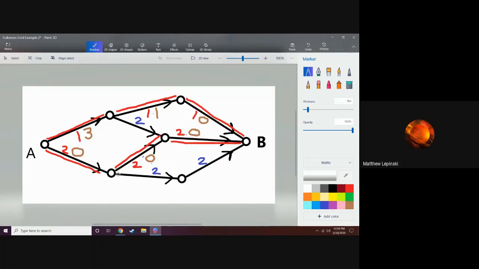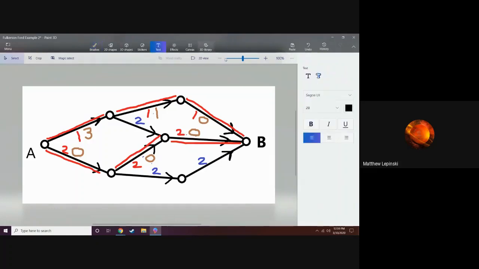The southern edge was more limited than the northern edge, which had more capacity. So it turns out for this particular graph that we could get more flow from A to B if we sent it along the bottom path.